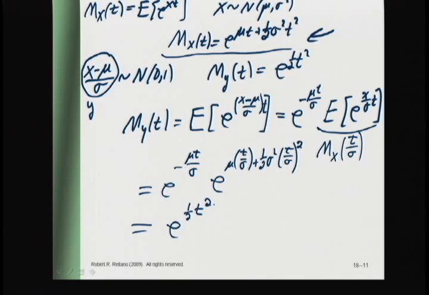Therefore, it has to be the standard normal. It can't be anything else. And you can try the alternate calculation, namely if you start with a z and transform it to mu plus sigma z, you will find precisely the same thing: that random variable has the moment generating function of the normal with a mean of mu and a variance of sigma squared.